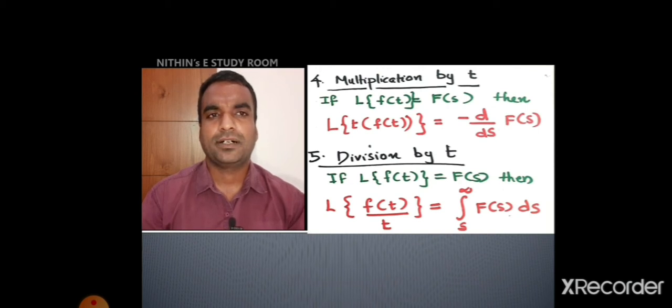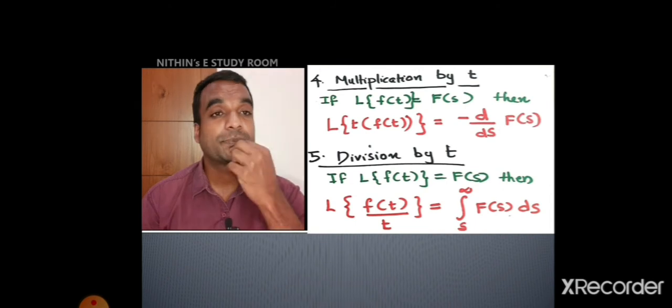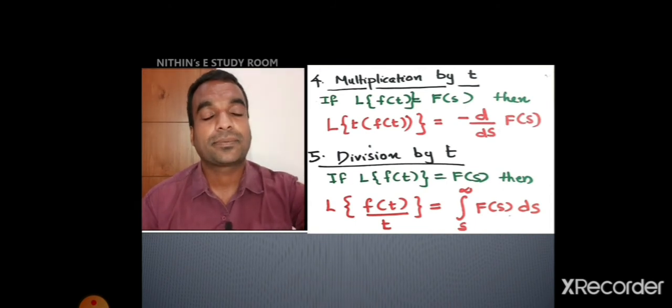Like the Laplace transform of 1 is equal to 1 by s. What is the Laplace transform of t into 1? As per this equation, the Laplace transform of t into 1 is minus of d by ds of F of s.